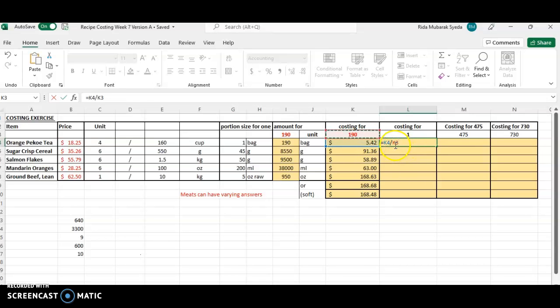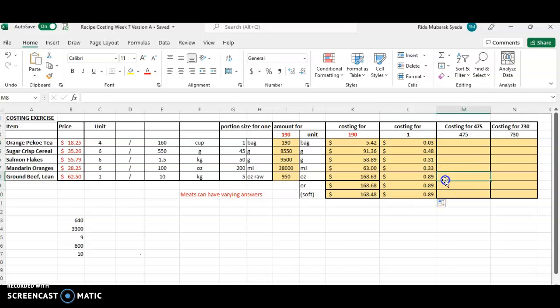And because I wanted to carry it all through the other ingredients, I would do absolute cell referencing. And when I press enter, it gives me 3 cents. And I can just drag it down because I did the absolute cell reference and it gives me the amount for the other ones. But the problem is when I do it on the other side, I'll do the same thing. I'll take the cost for one and multiply it by this.